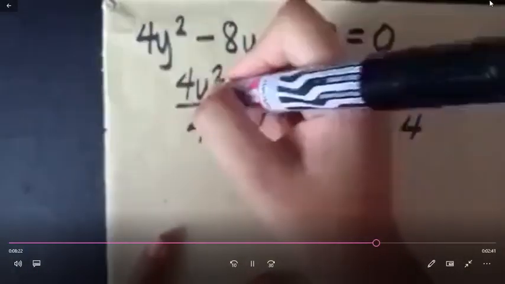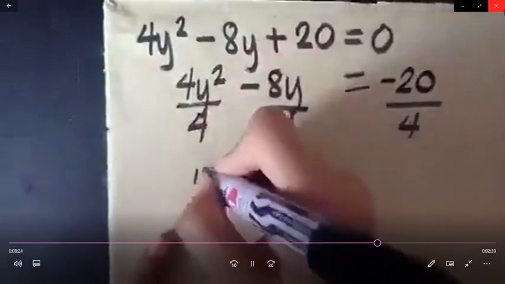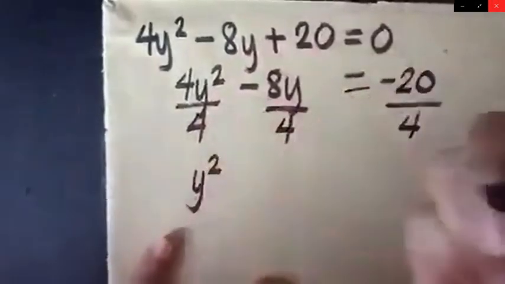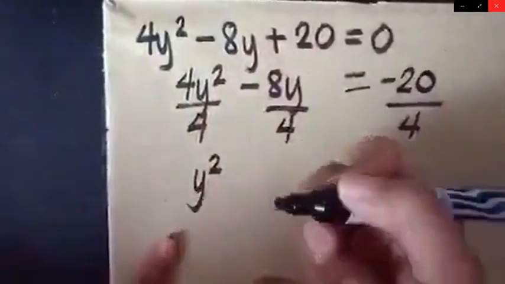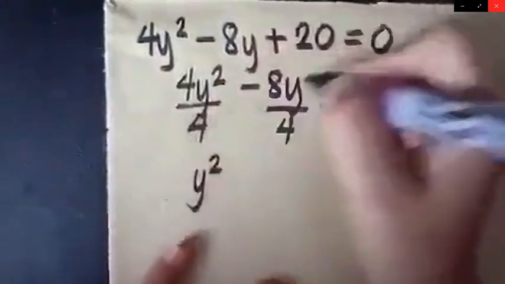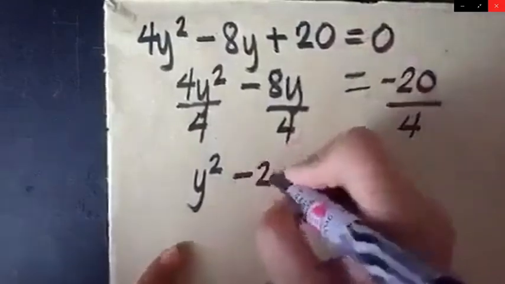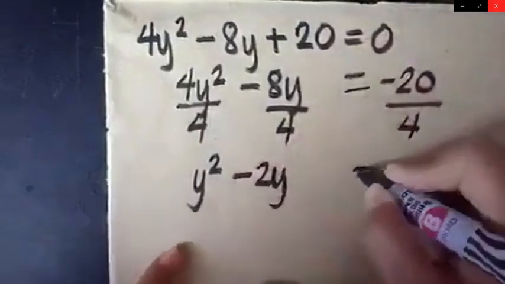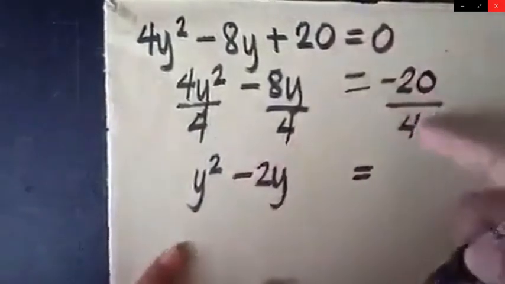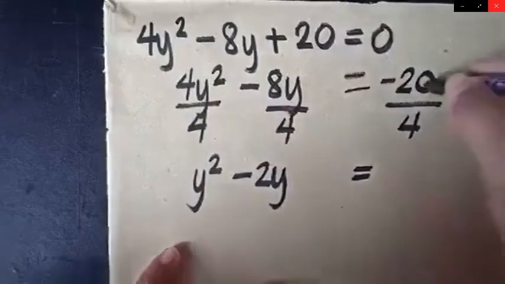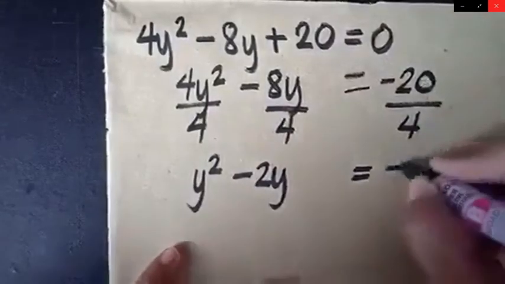Okay, so 4y squared divided by 4 is already y squared. So, ang value ng a na natin is already 1. Okay, next, negative 8y divided by 4 is negative 2y. Well, sa right side, you have negative 20 divided by 4 is negative 5.